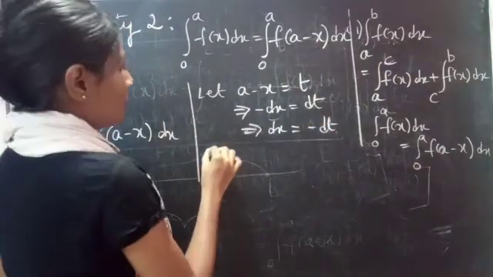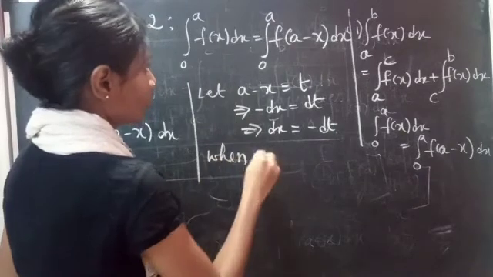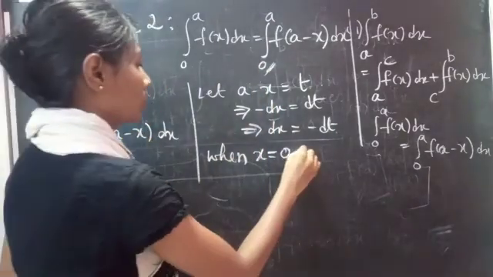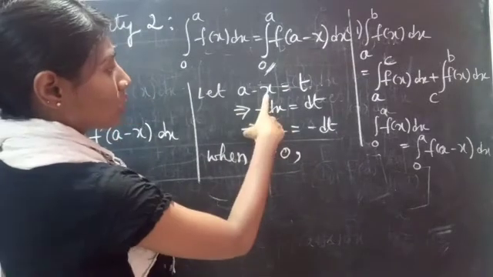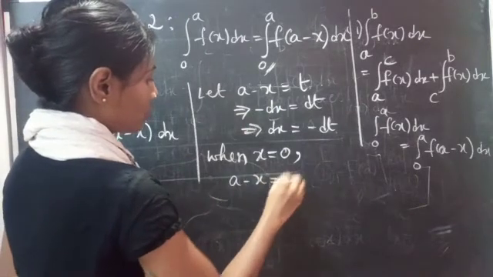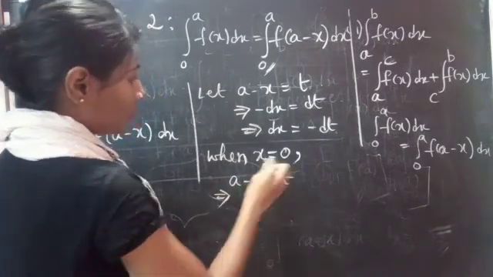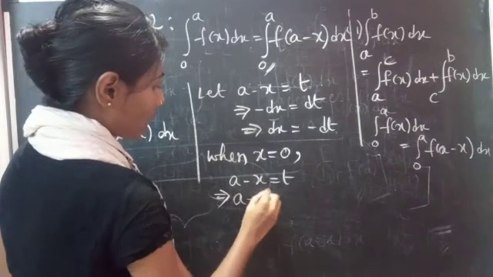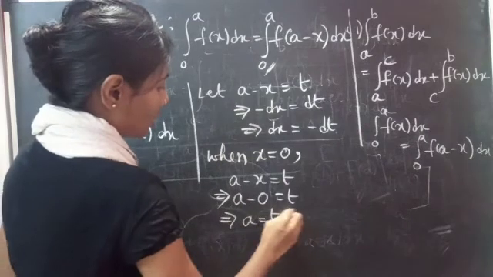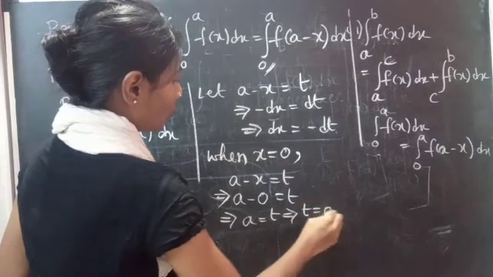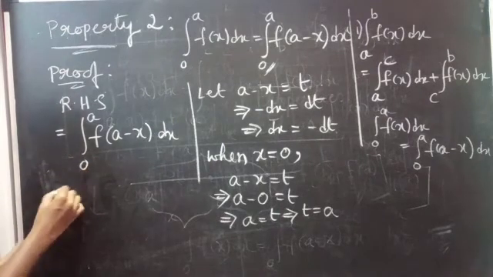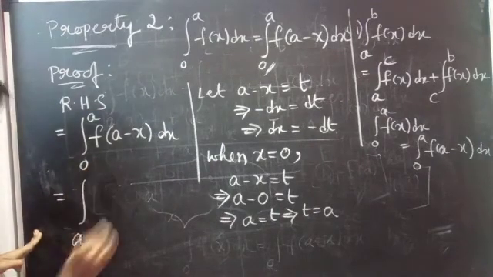When x equals 0, put x equals 0 in a minus x equals t. Then a minus 0 is equal to t, which implies t equals a. When x equals 0, t equals a.